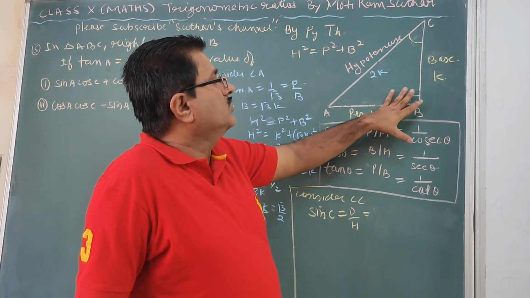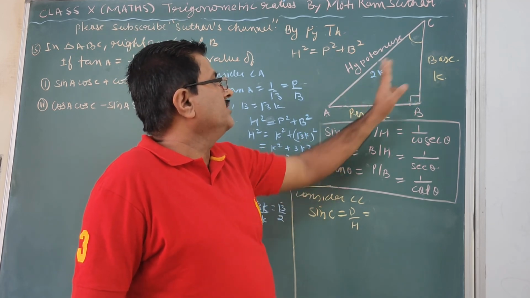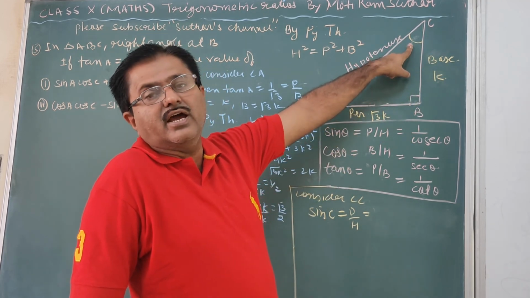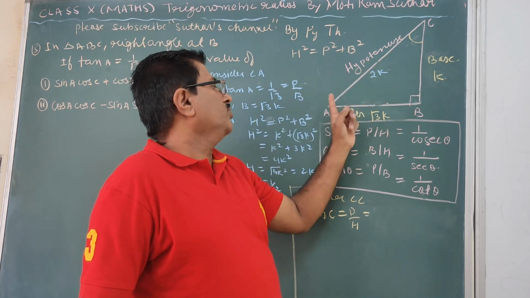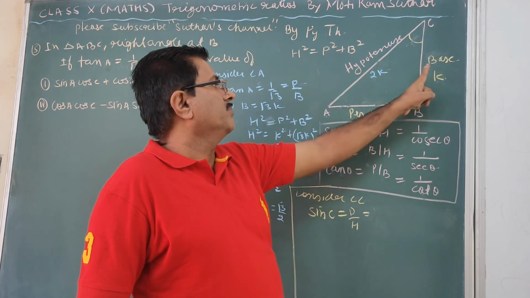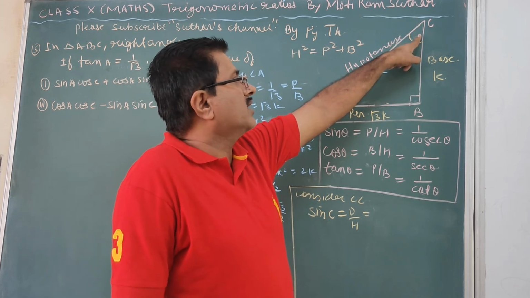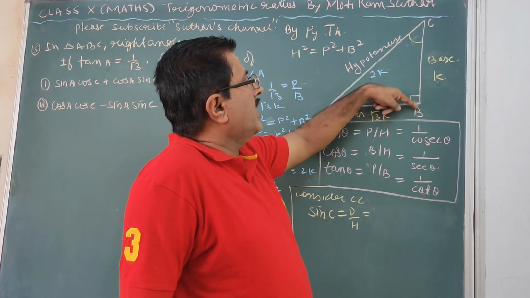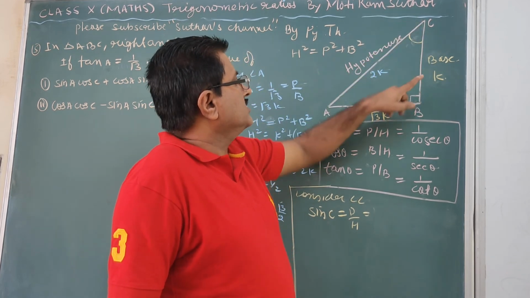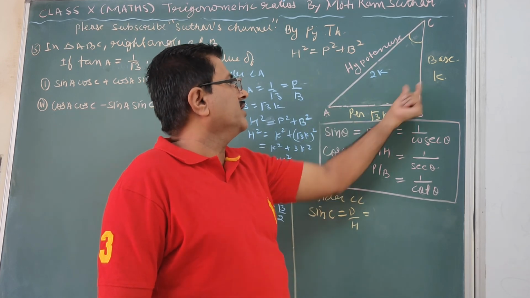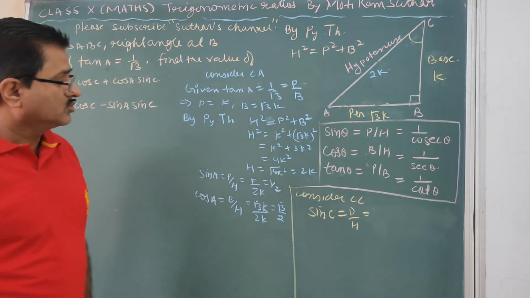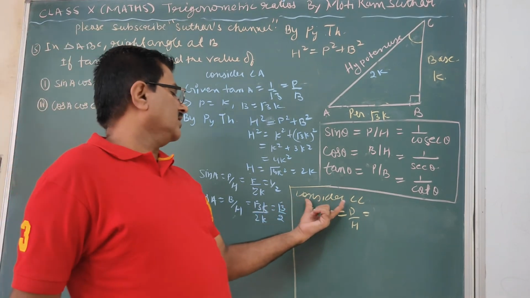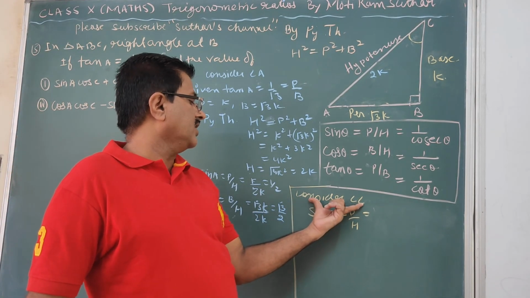Only we have to change the side name when we are considering angle C. Clear? Before, for angle A, this was base and this was perpendicular. Now angle C we are considering, then you have to take this as base and this as perpendicular, but the measurement remains fixed. Clear?